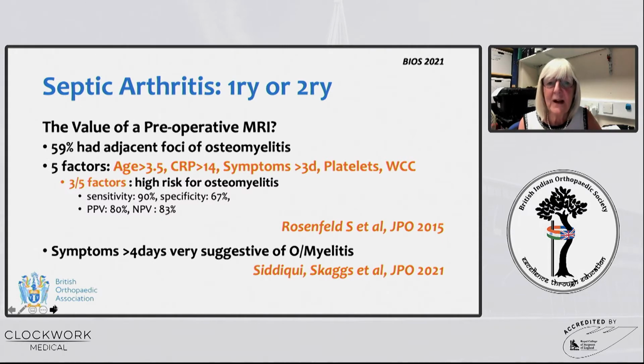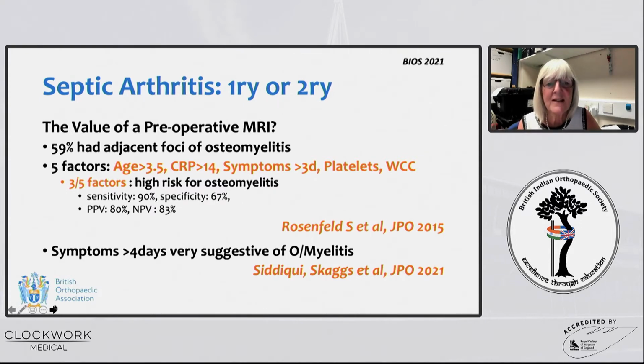Is my septic arthritis of the hip in a neonate or a young child primary or secondary? And there's a question about whether all children should have a preoperative MRI to have a look to see for a focus of osteomyelitis.